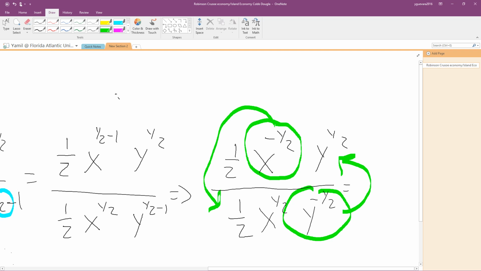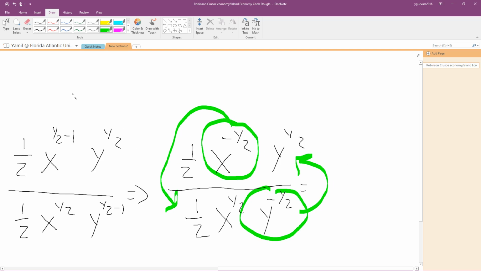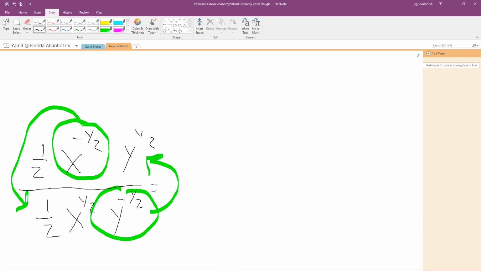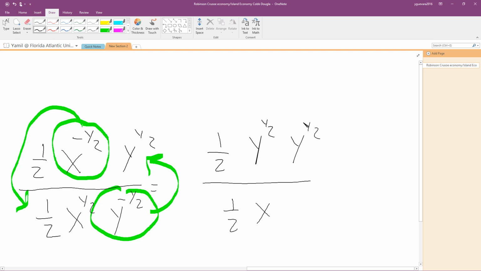So let's do that. Okay, so we have 1/2 y^(1/2) y^(1/2) divided by 1/2 x^(1/2) x^(1/2), and guess what?